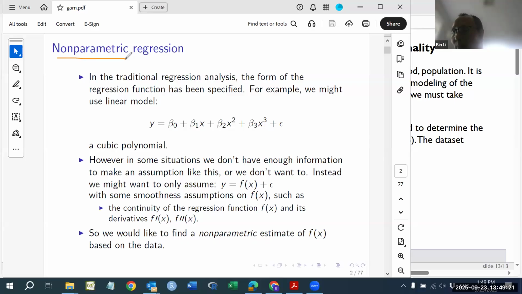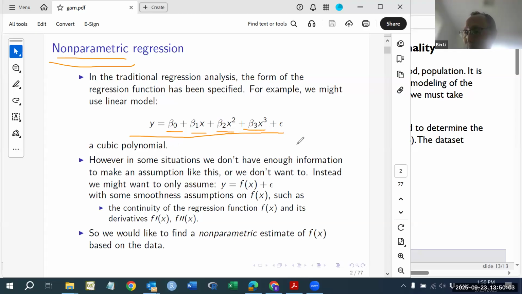Another place we hear the word non-parametric is here: non-parametric regression or non-parametric models. What does that mean? That means we do not assume any specific functional form between the response and the explanatory variable. This one is parametric regression. Why? Because we assume there is a cubic relationship between x and y. So the model has to have the beta 0 intercept plus a linear term plus a quadratic term plus a cubic term.